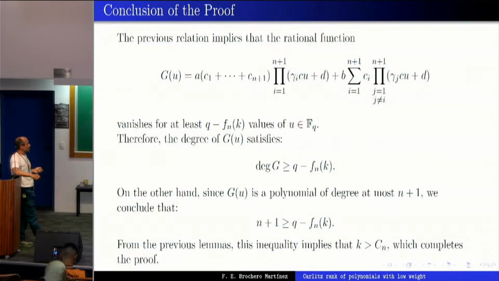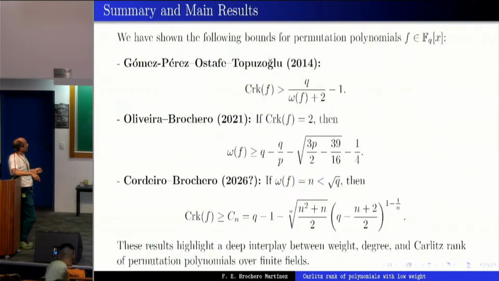But in the previous lemma, we proved that the inequality is true for all c less than c_n. Then that implies that k has to be greater than c_n. That completes the proof. And essentially, we had the comparison of the results.